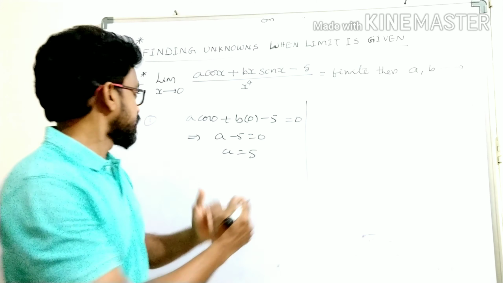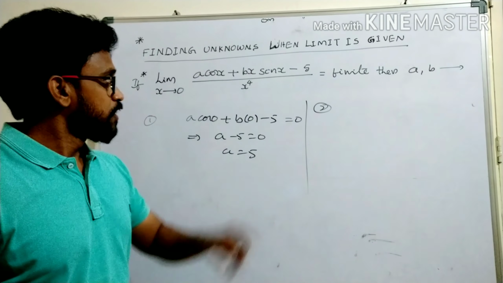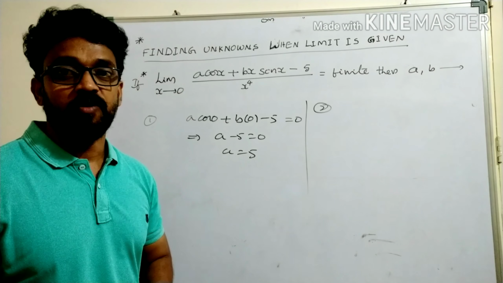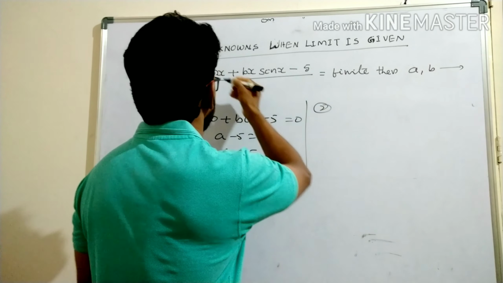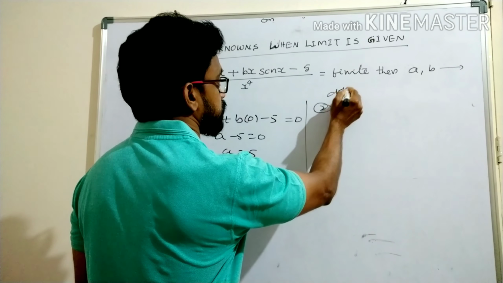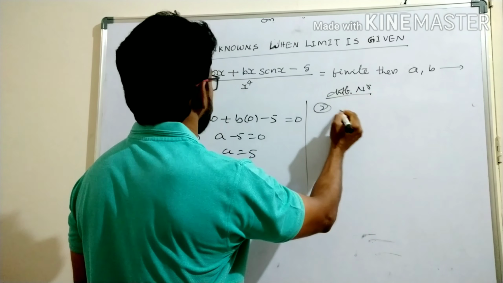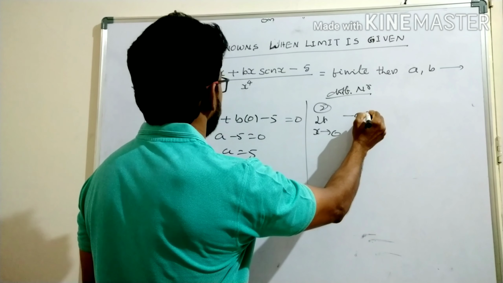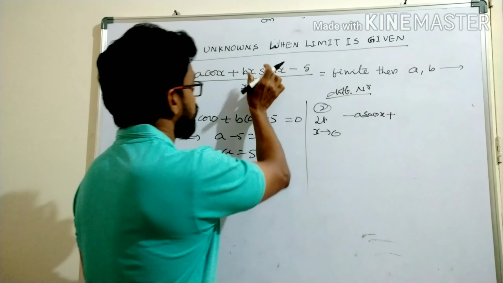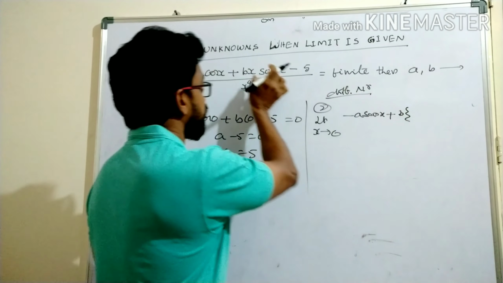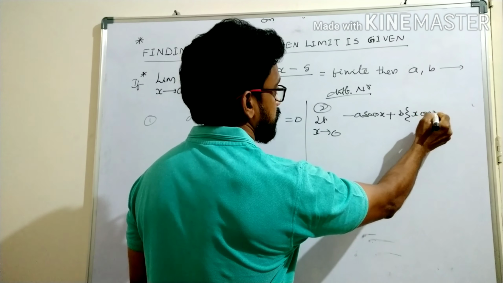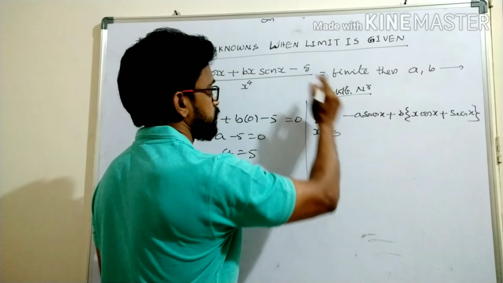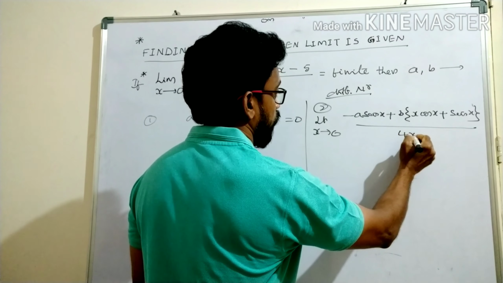Okay, now next step. Here we should differentiate numerator and denominator using L'Hospital's rule. Differentiating the numerator: limit x tends to 0 of minus a sin x plus b into the derivative of x sin x, which is x cos x plus sin x, divided by 4x cube.